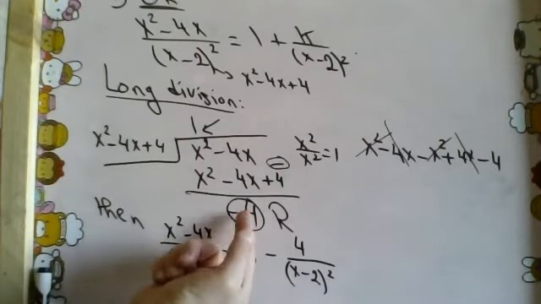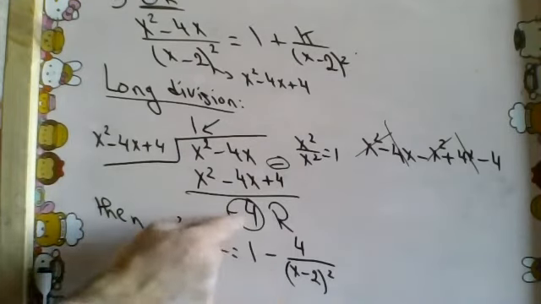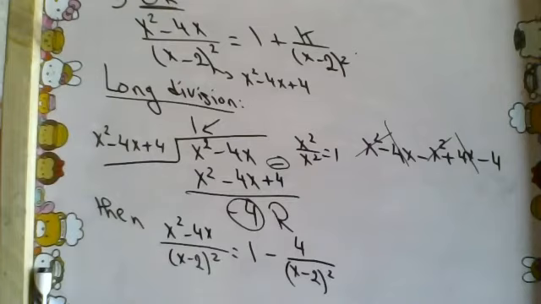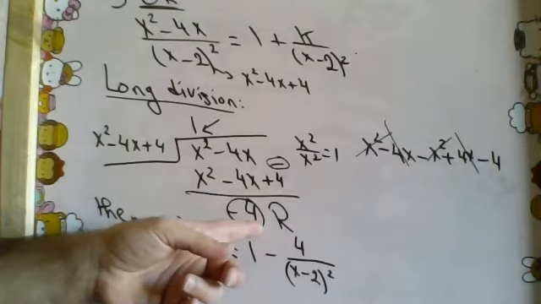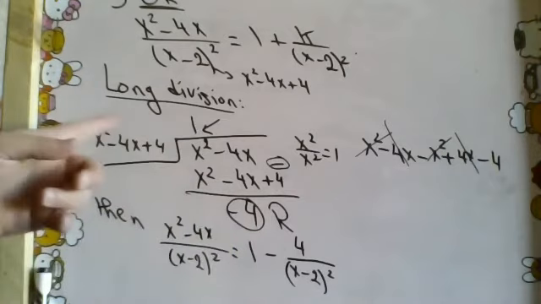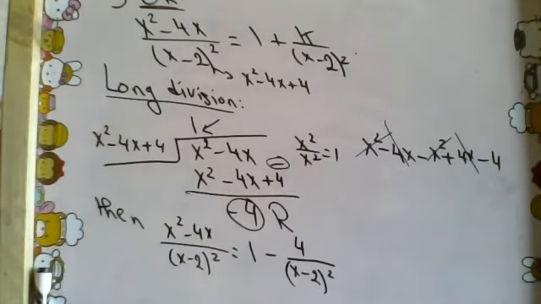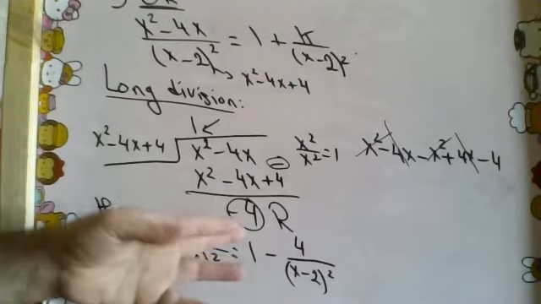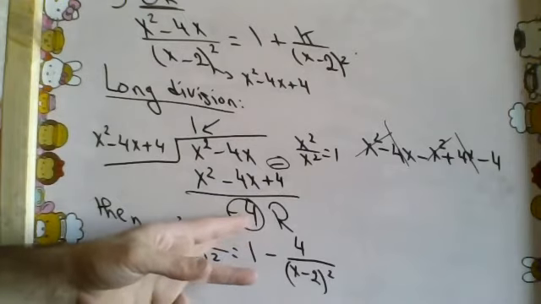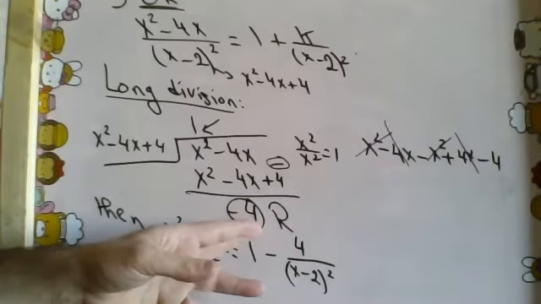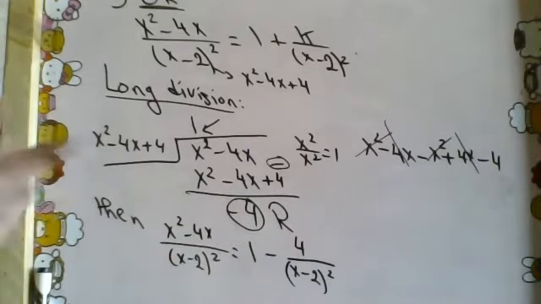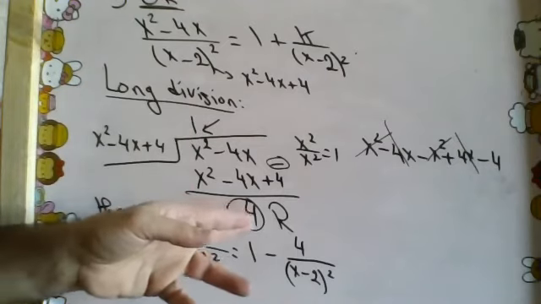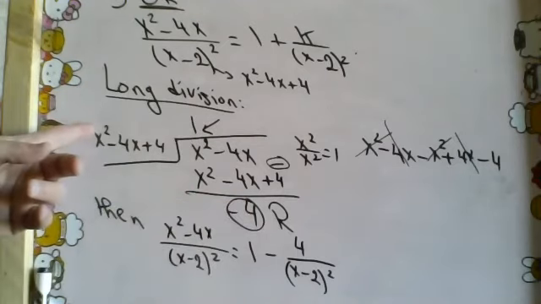Now, in this step, you can't continue dividing. Why? No more x here. Or if you want, you still have x to the power 0, and 0 is less than 2, so you can't divide. You continue dividing in case you have, let's say, negative 4x to the power 3. 3 is more than 2, so you divide and repeat the same steps. Or let's say you have 4x squared, the same exponent.